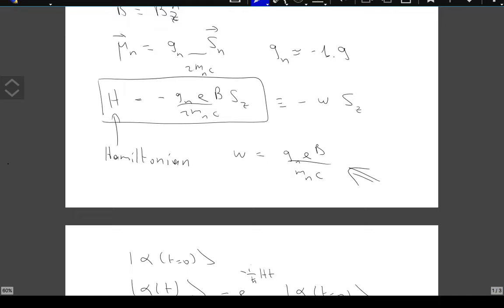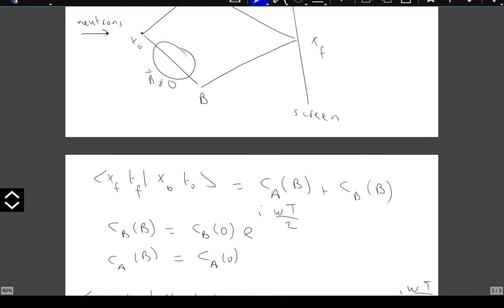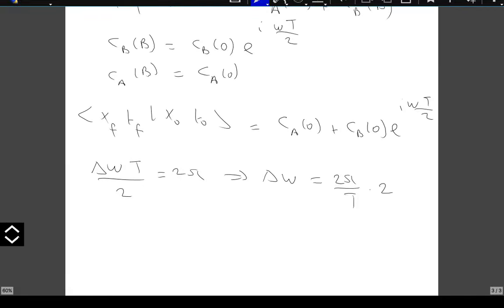And as you change B, starting from 0, when omega changes by 4 pi over t, the interference pattern should go back to its initial shape.